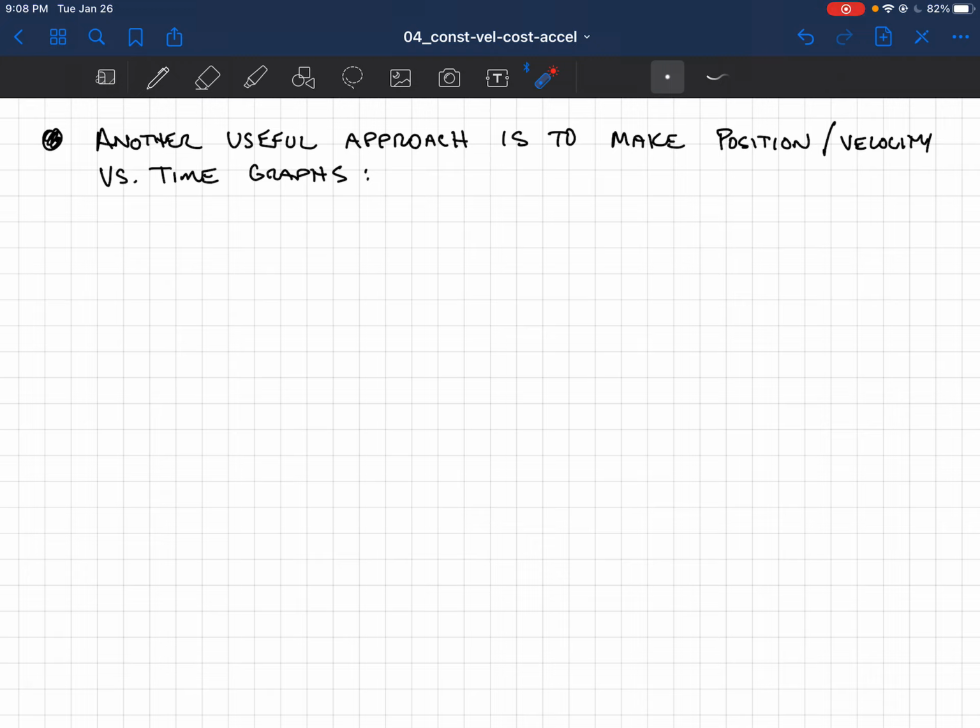There's another approach that we can take here that's useful either to check ourselves or sometimes to do the entire analysis, and that's to take a look at the position and the velocity versus time graphs. So let's look at the position versus time graph.